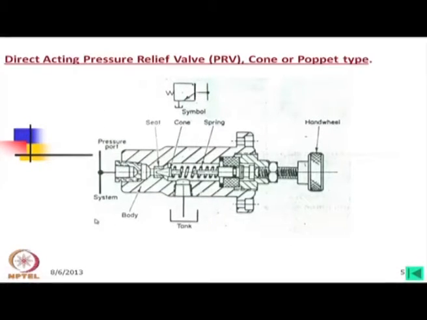If you remember our earlier figure where we developed how the fluid power circuit is made, the basic circuit, we connected this pressure relief valve in the supply line from the pump outlet to the valve. Usually this is put just after the pump and it is connected to the system supply line.